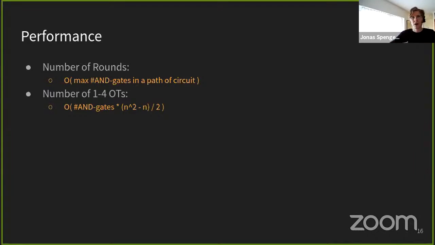You can think of it as flooding the circuit from the inputs to the outputs. And every time you reach an AND gate, you have to at least initiate a new round. So this frontier can only advance as far as the AND gates are. And thus you have to at least have as many rounds as you have AND gates in every path or in one of the paths.